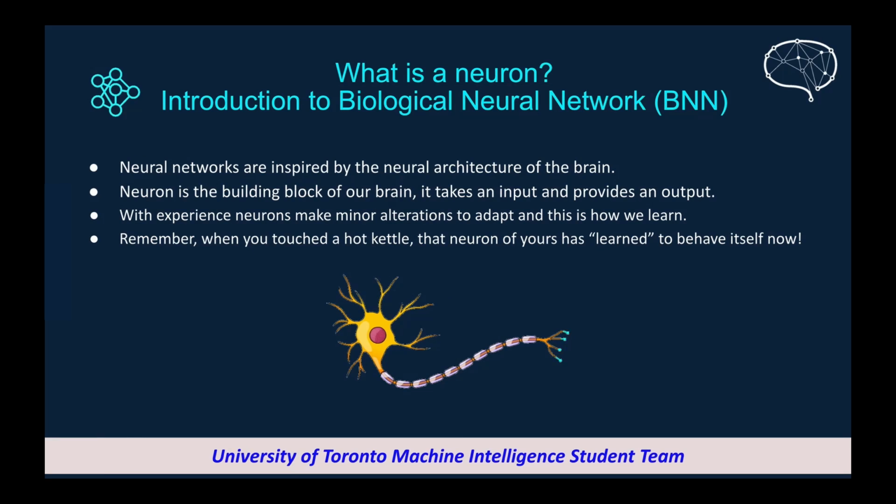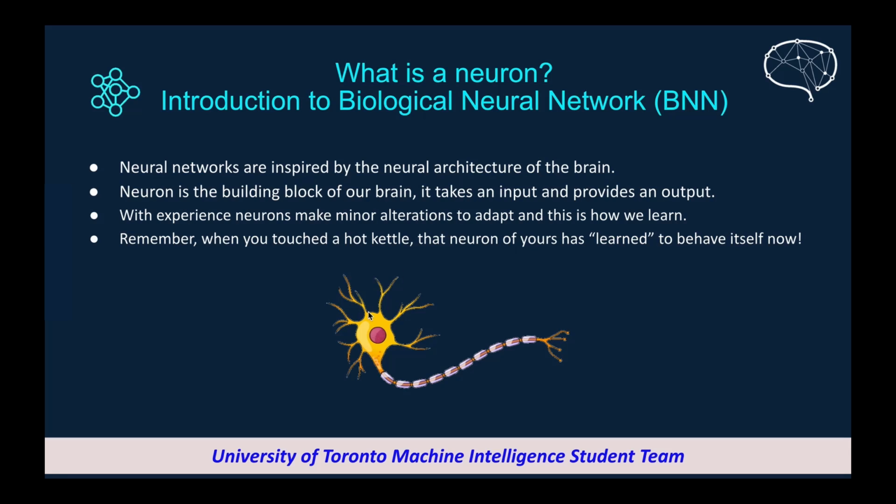So I think that is too much information given to you. So let me start simple by answering a question. What is a neuron? Neuron is the building block of our brain. Neurons are the basic functional units of the nervous system, and they generate electrical signals called action potentials, which allow them to quickly transmit information over long distances. It takes an input and provides an output.